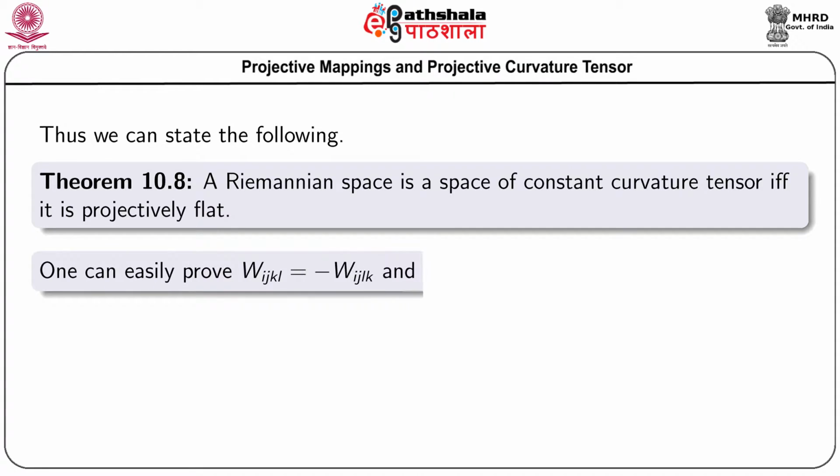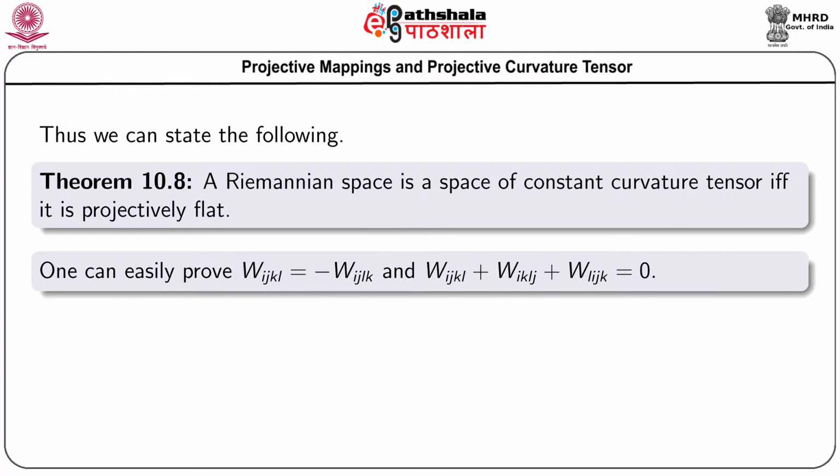And one can easily prove that W_{ijkl} equals minus W_{ijlk}, and W_{ijkl} plus W_{iklj} plus W_{iljk} equals 0, so we get that the Bianchi's identity is satisfied for the projective curvature tensor.